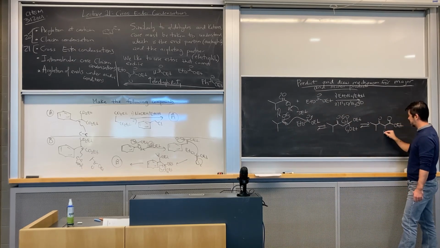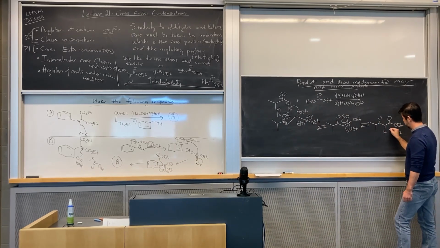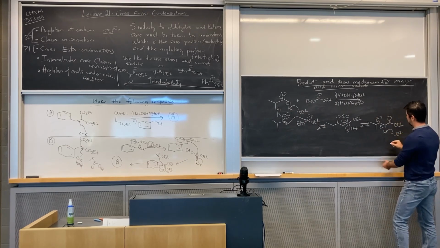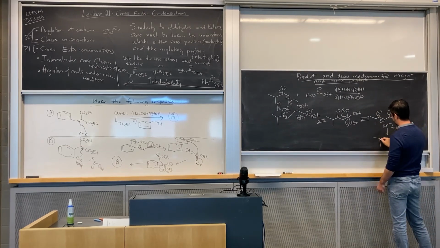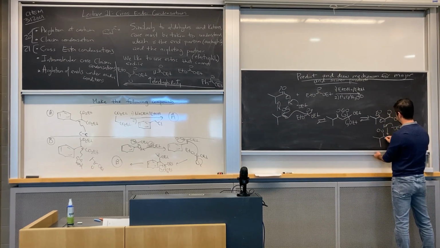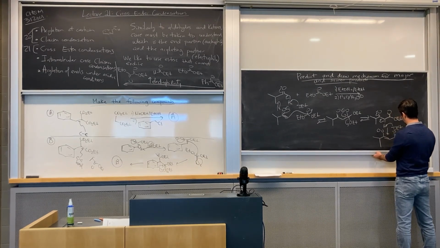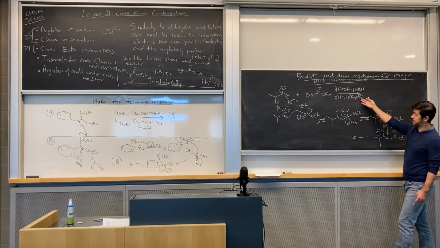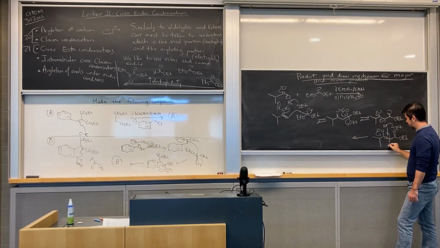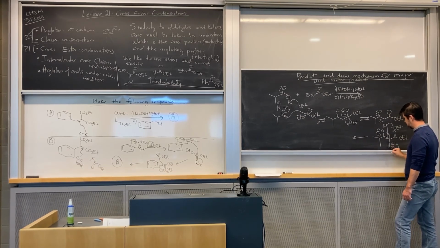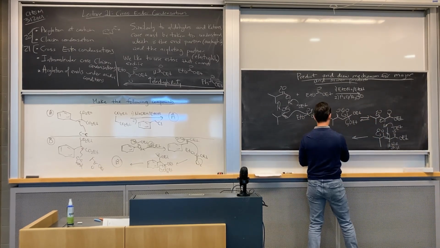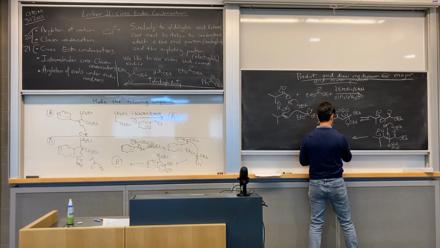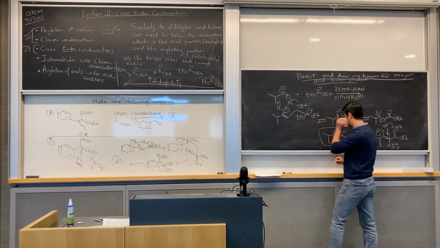But you know you have this acidic proton here. So what you're going to do is you're going to form that irreversible delocalized enolate. And then when that forms and you do the workup step, step 2, pick up a proton. And your final product will be this one. Okay, so that's one scenario.